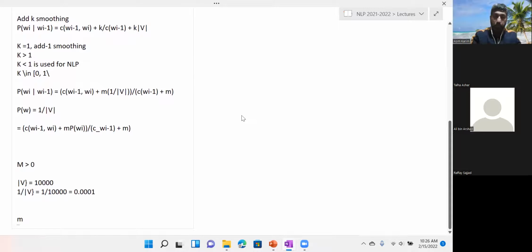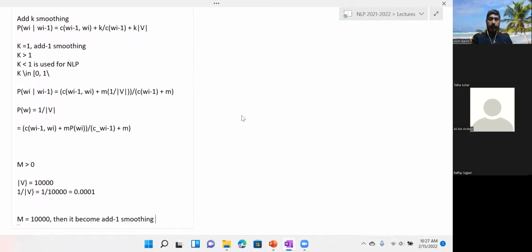So if M was 10,000, then it becomes add-1 smoothing. In practice, M would be much less than 10,000. Does this answer your question? Yes.